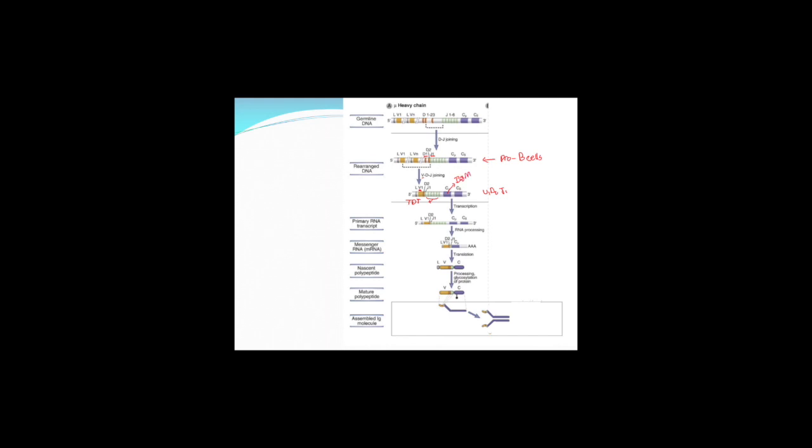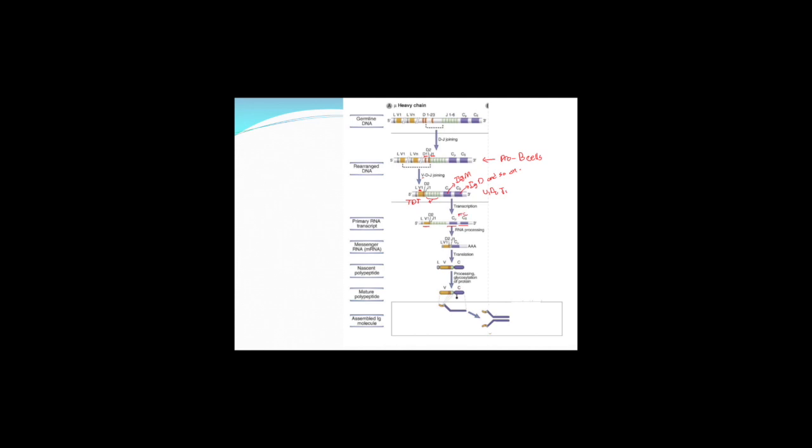So this is your rough DNA template, which is then transcribed to give you this long primary RNA transcript, where you've got this rearranged VDJ variable coding sequence with all of these Fc region genes tagged on.